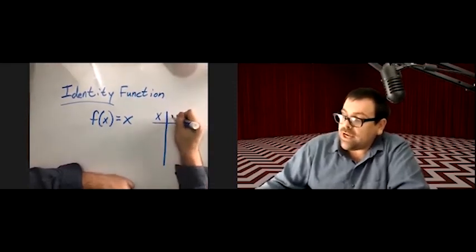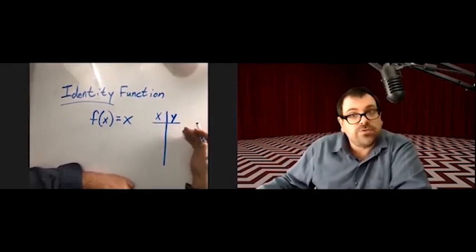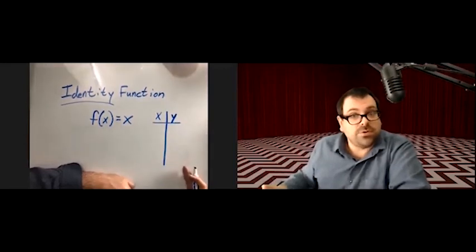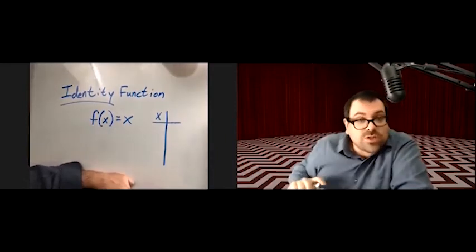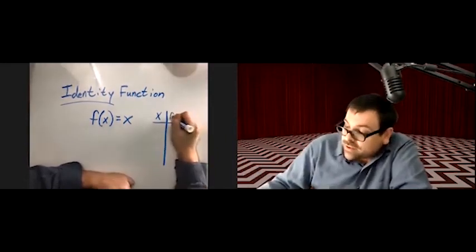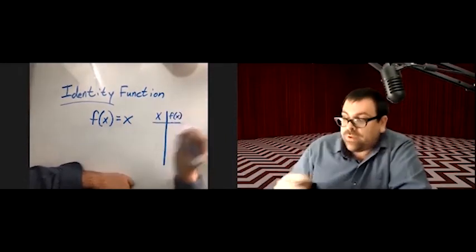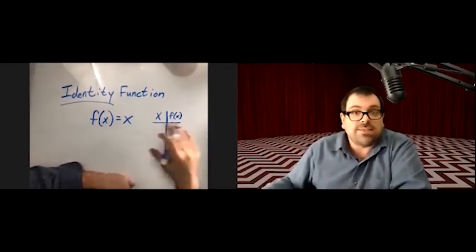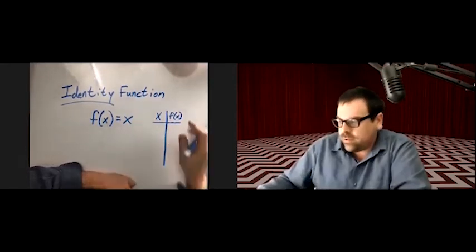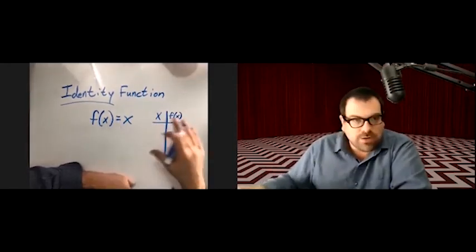If we made an XY table, and since we're talking about it as a function, x, f of x means the exact same thing as x, y. So don't think it's more complicated.